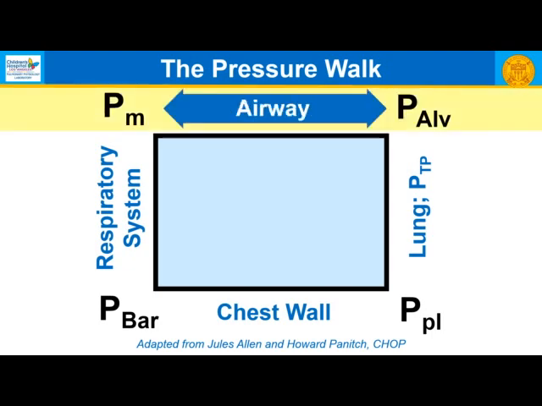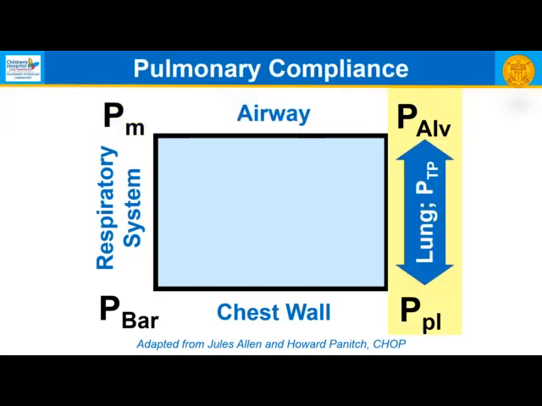So anything that uses mouth pressure minus alveolar pressure is a measure of airway compliance, resistance, whatever. What's between the alveolus and the pleural space is the lung, and this is called transpulmonary pressure. So anything that measures alveolar minus pleural pressure, or often mouth minus pleural, and you'll see in a moment how we do that, is the lung.